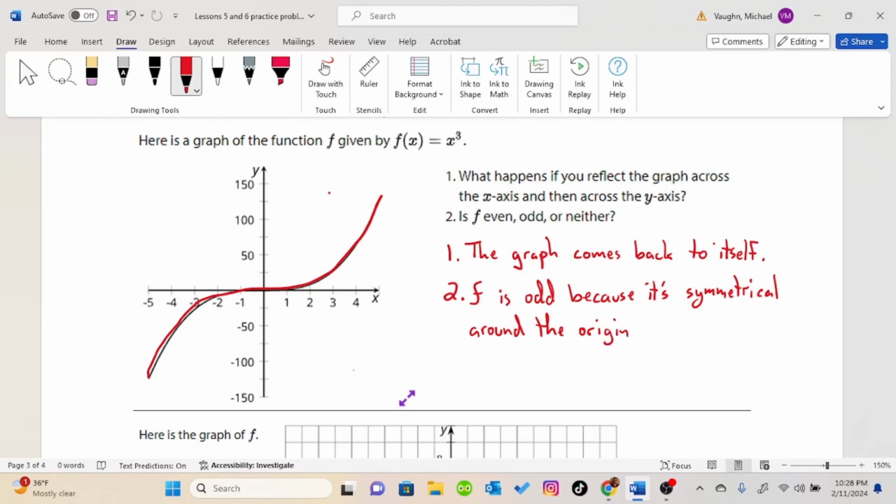If you reflect this across the x-axis and then across the y, you end up with the exact same graph again. If I rotated this graph 180 degrees, I would get the exact same graph again. That makes it an odd function.